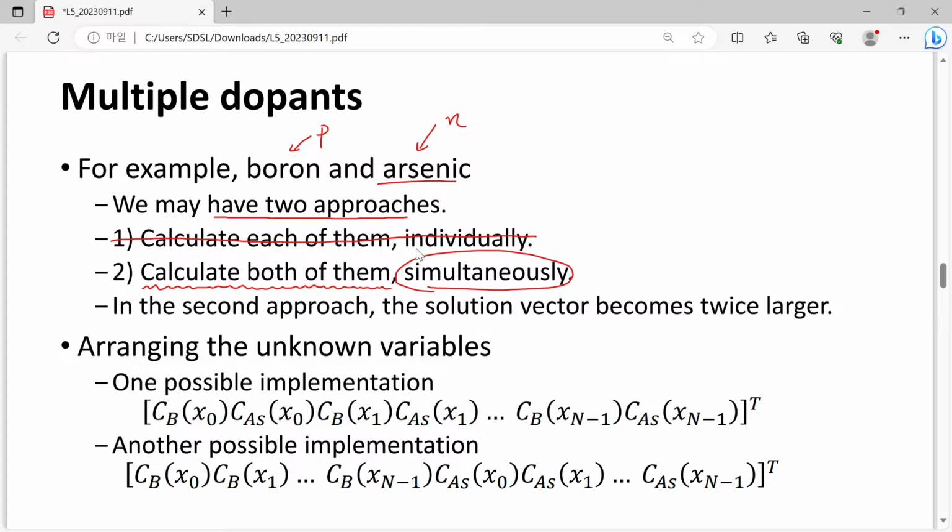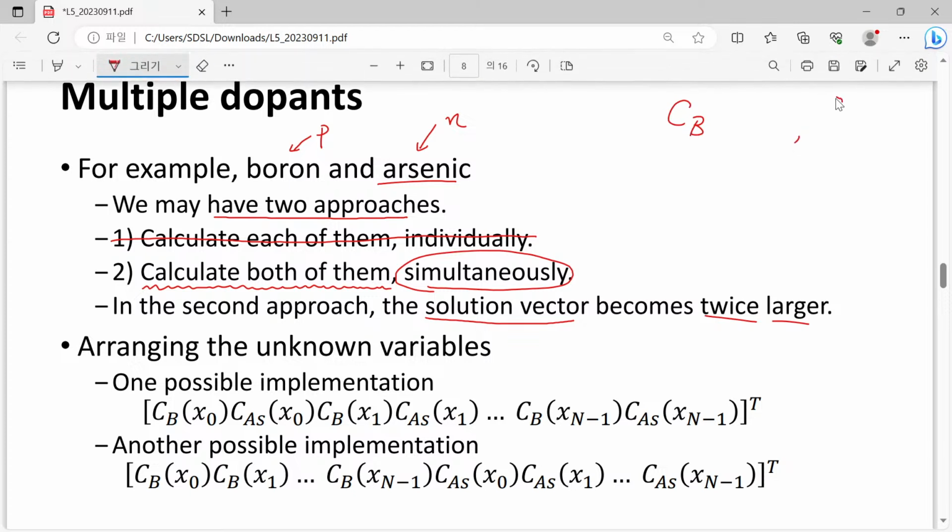Since we are now considering both of them simultaneously, the solution vector should be twice larger. Previously, we have considered only concentration of boron or concentration of arsenic. However, now our solution vector should consider both of C_B, boron concentration, and C_As, arsenic concentration, simultaneously.